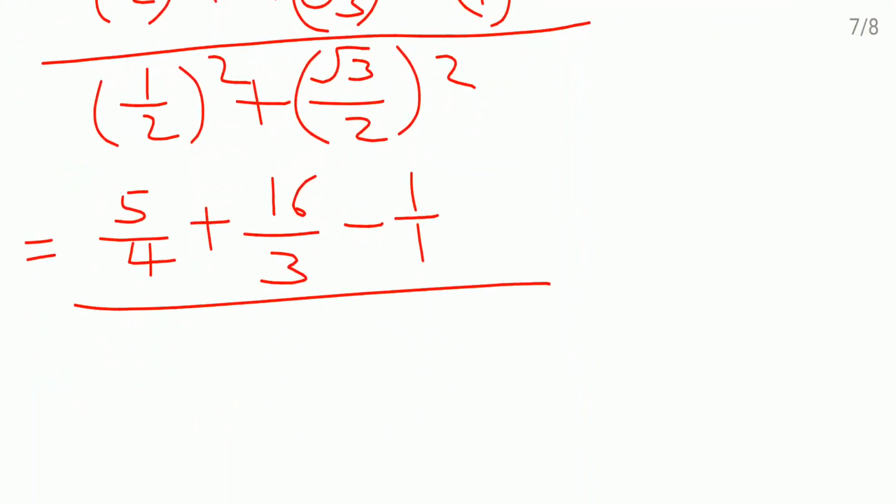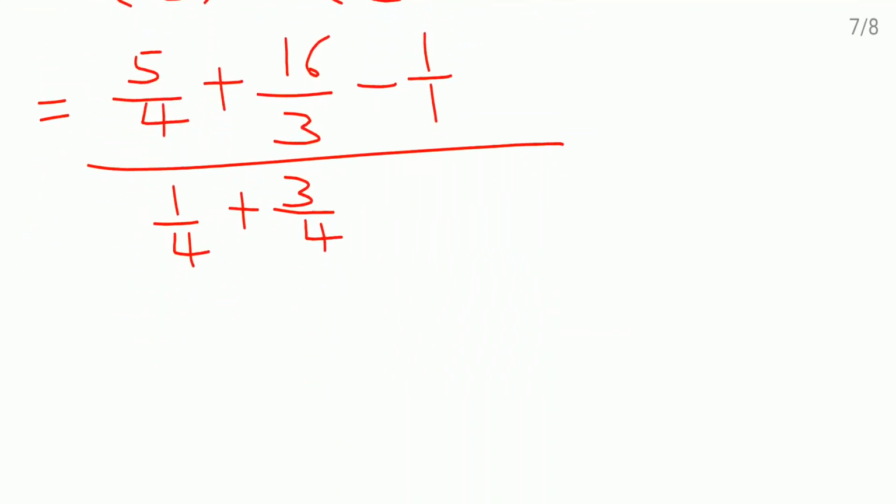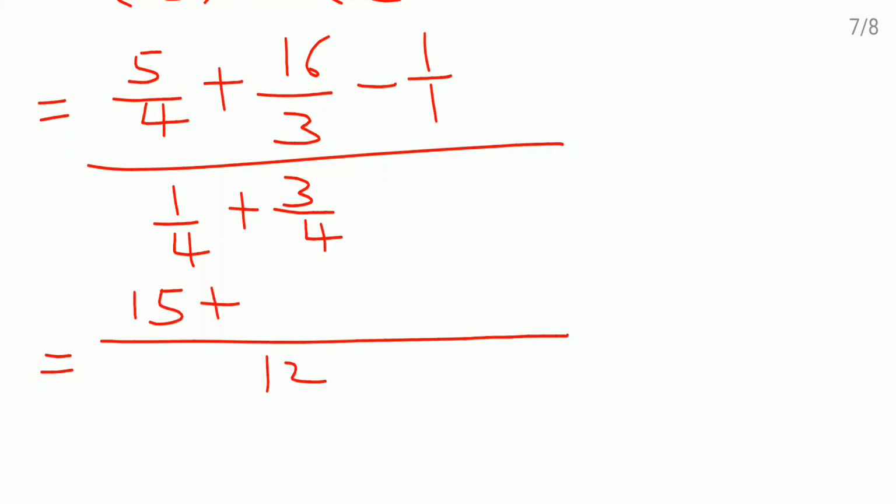At the denominator 1 by 4 plus 3 by 4. Right? Now here at the numerator I will do the LCM. This is 12 here. Then 5 3s are 15. 16 4s are 64 minus 12.